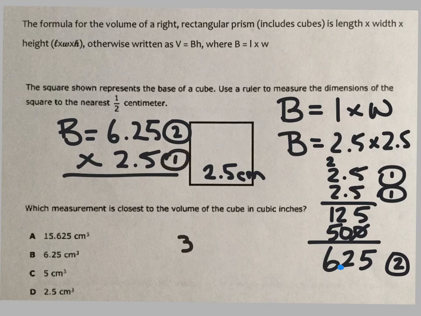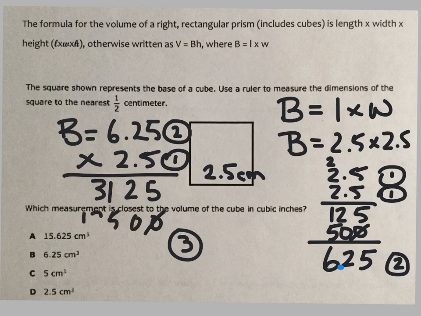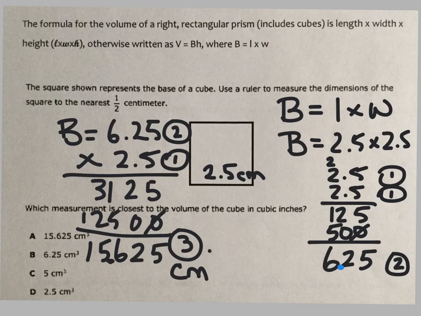I'm going to need 3 digits to the right of the decimal in my product. And I find my product is 15625. And when I place my decimal so that 3 digits are to the right, I get 15.625 centimeters, and it's a cubic measurement. 15.625 cubic centimeters, which is answer choice A.